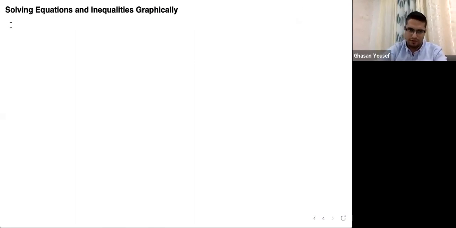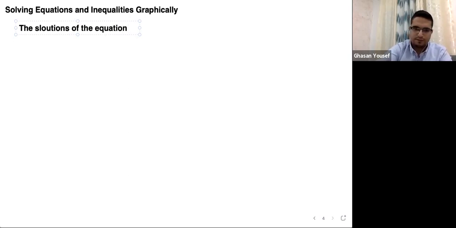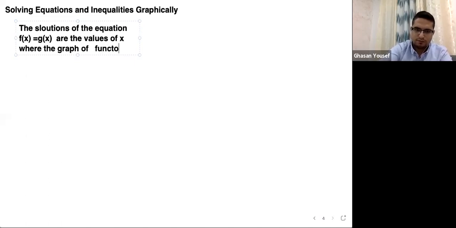The idea for this is that the solutions of the equation f of x equals g of x are the values of x where the graphs of the functions f and g intersect.